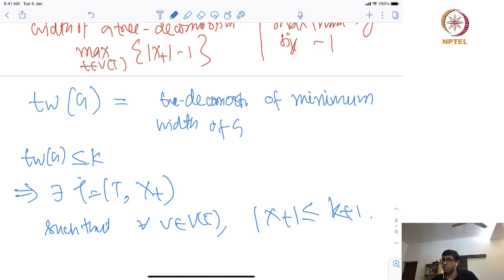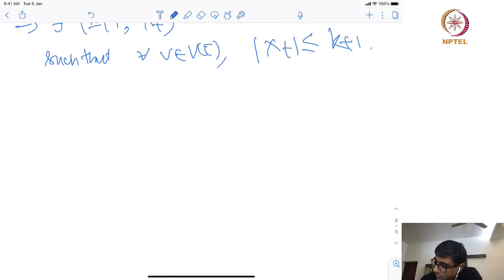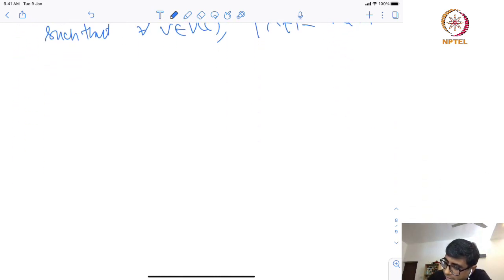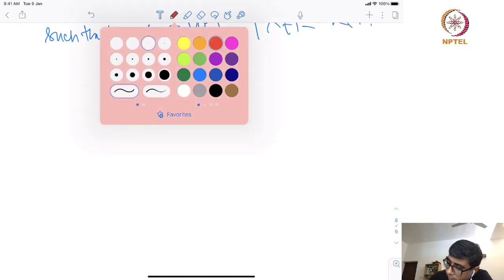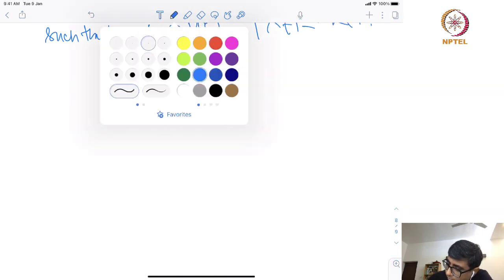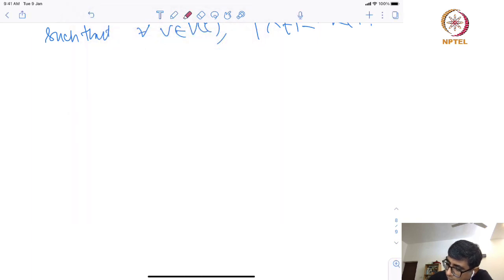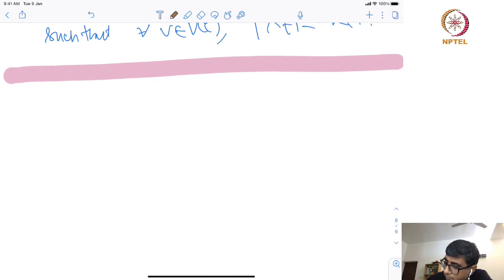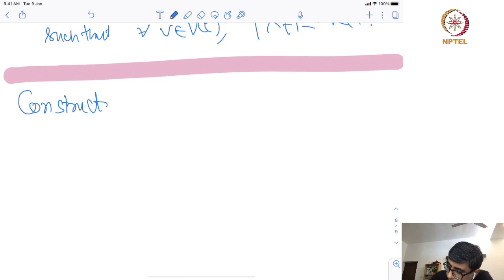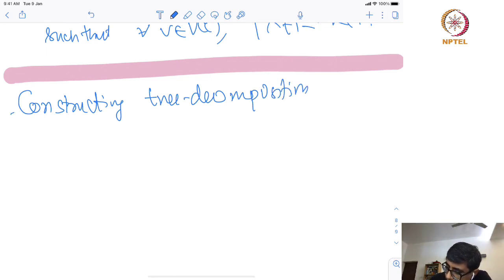Having said all this, let's get our hands dirty, and we will also prove some structural properties later on. Let's try to construct some tree decompositions.